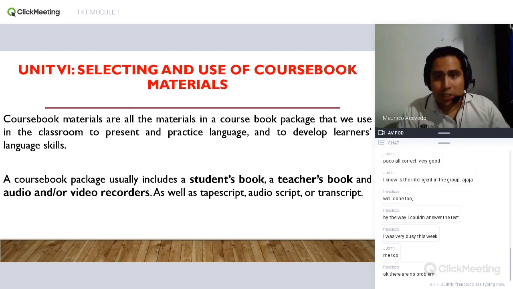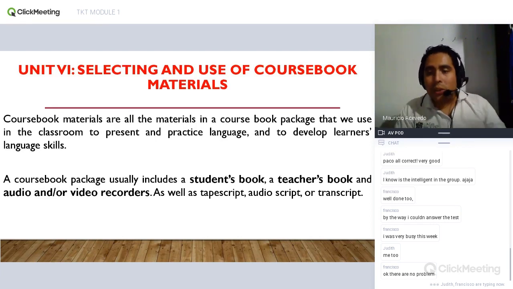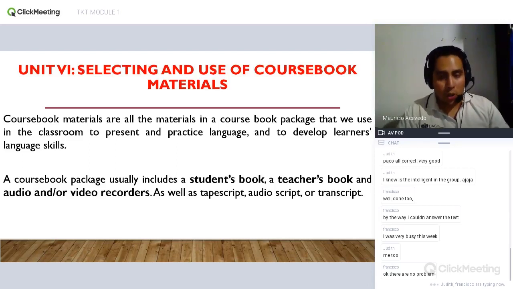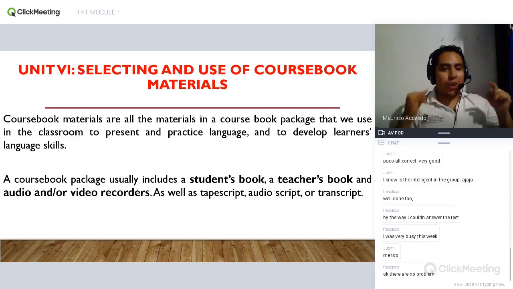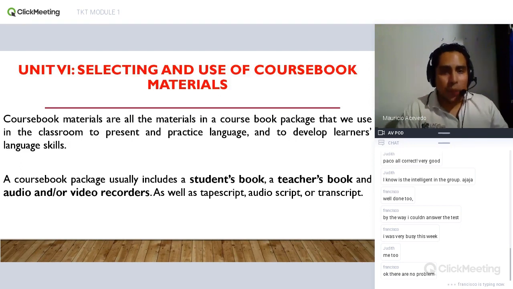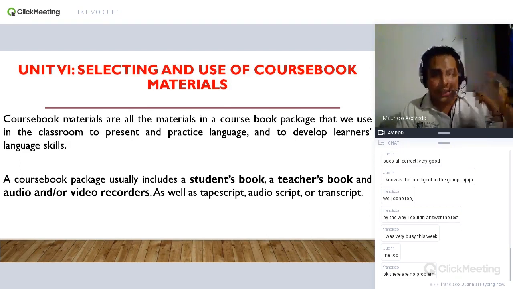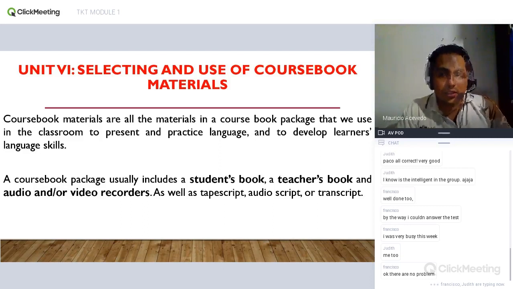I also have transcripts, audio script, and transcript too. Tape script, sorry, a tape script and transcript. So tell me, Judith and Francisco, what package do you have in your coursebook package? And a workbook too. I forgot to mention that we can also have workbooks. I didn't write it here, but workbooks enter in the coursebooks.